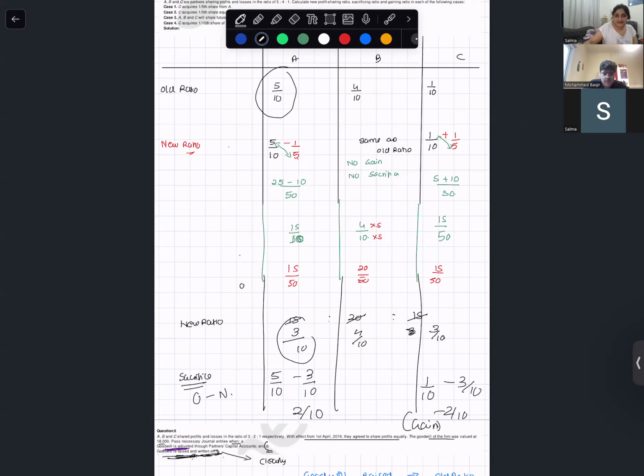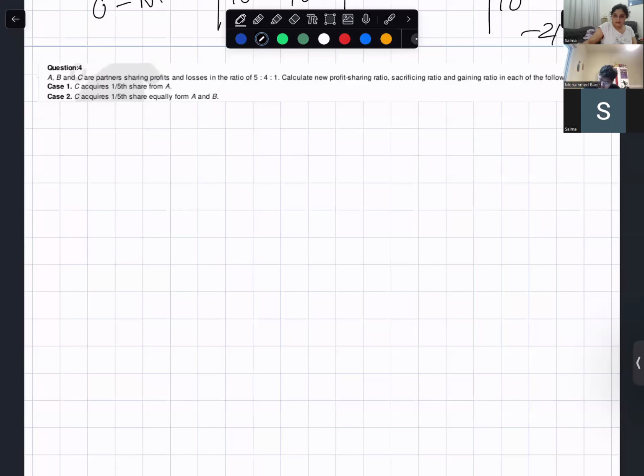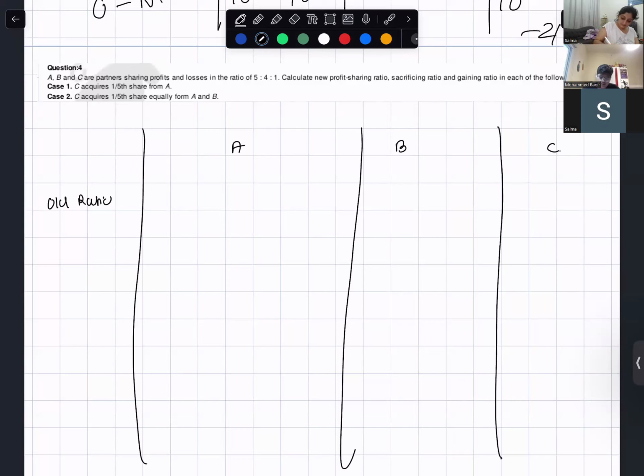Come on, do this sum once. Now C acquires 1/5 equally from A and B. So I have the partners A, B, and C. Old ratio is how much? 5 by 10, 4 by 10, and 1 by 10.